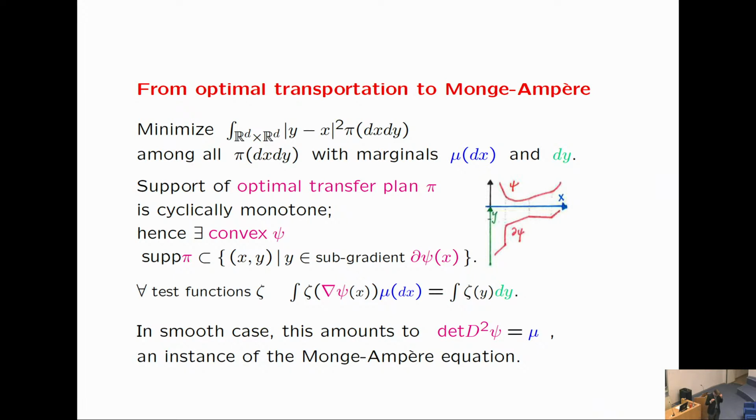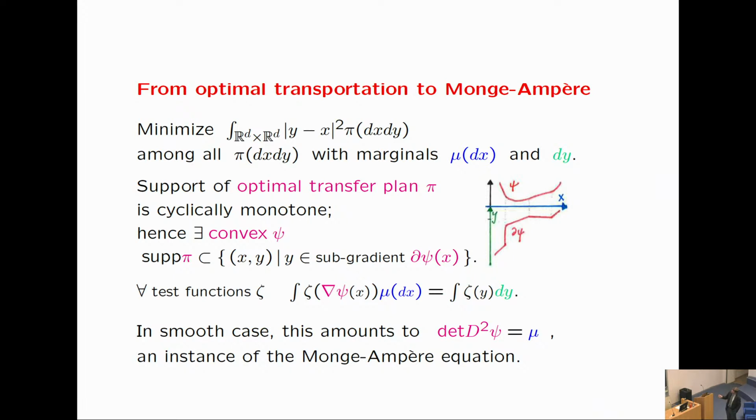Now regularity theory. It's absolutely classical that optimal transportation is connected to a partial differential equation, which is the Monge-Ampère equation, and one way of seeing it is here. Remember, optimal transportation is minimizing this cost functional over all admissible plans that connect one measure, let's take the second one to be a Lebesgue measure.